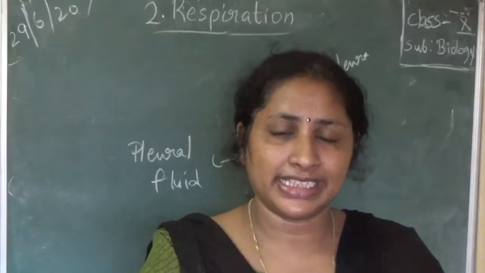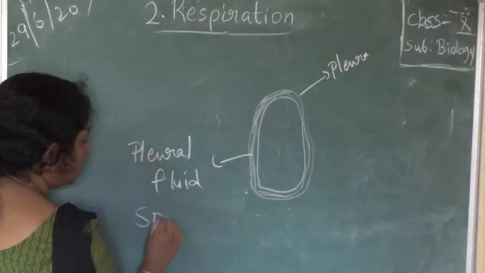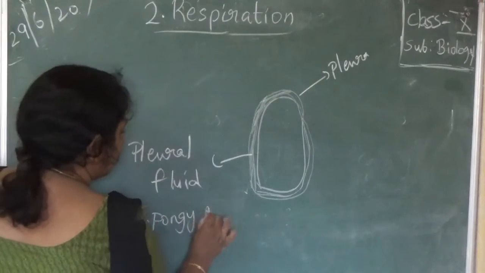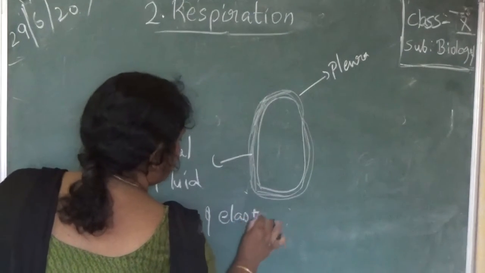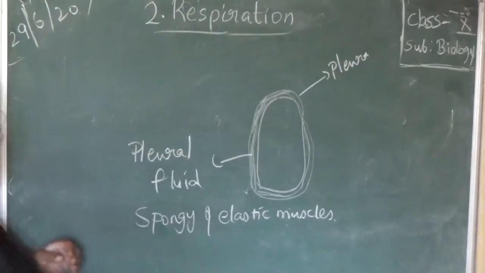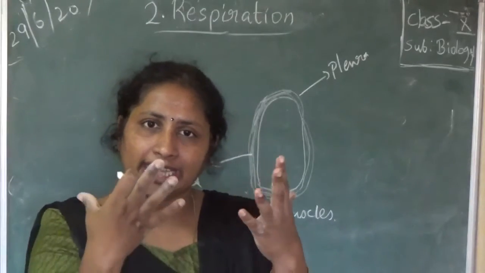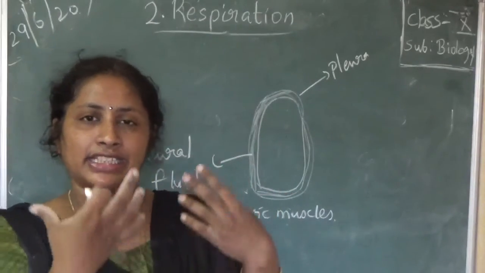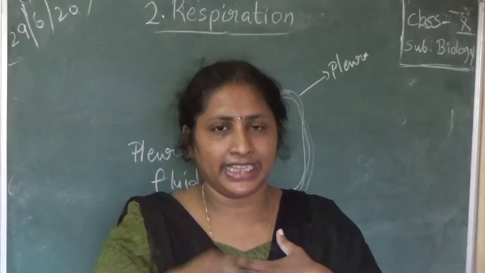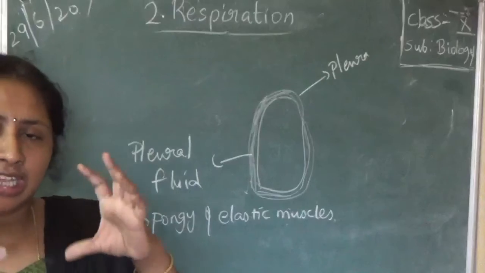So there are some muscles in the lungs, spongy and elastic muscles. Because of these muscles, lungs are contracting and expanding. While inhaling, you can feel when you breathe in air, your lungs will expand, and while exhaling air, your lungs will contract.